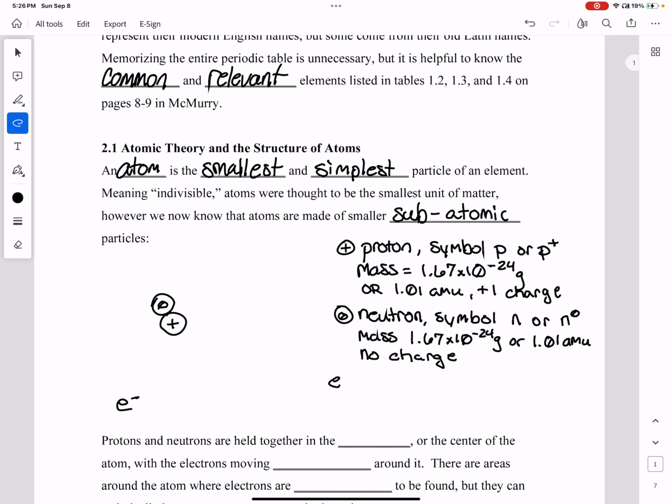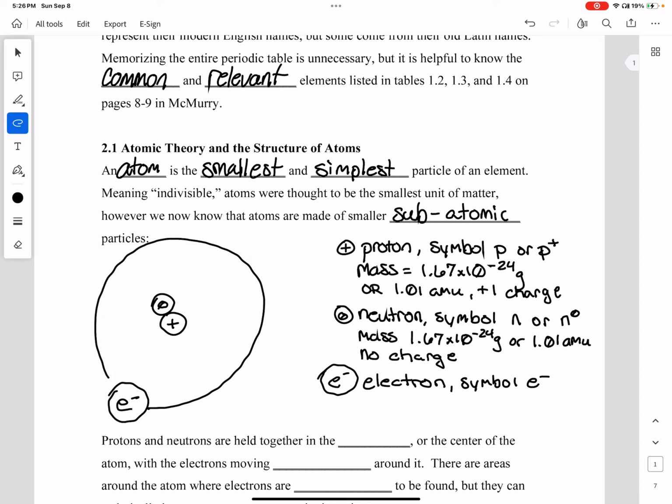And the electron is symbolized just like we put it right there, putting it in a circle just for the purpose of the drawing. But what's happening is this electron is whizzing about around what we call the nucleus of the atom.